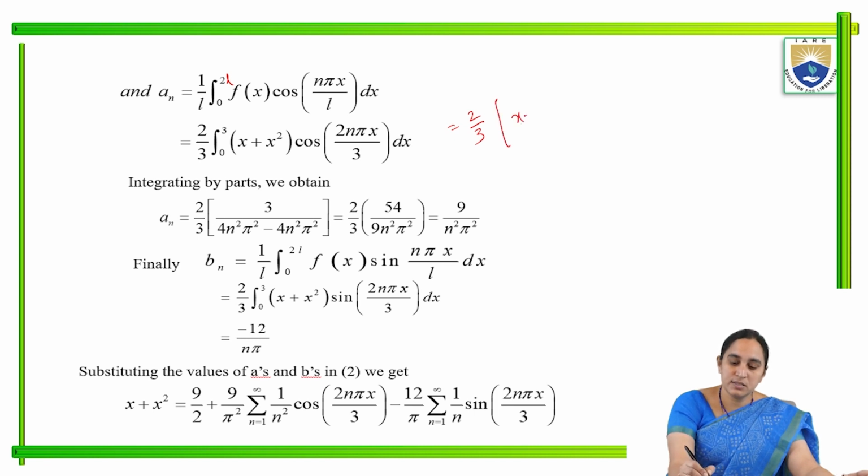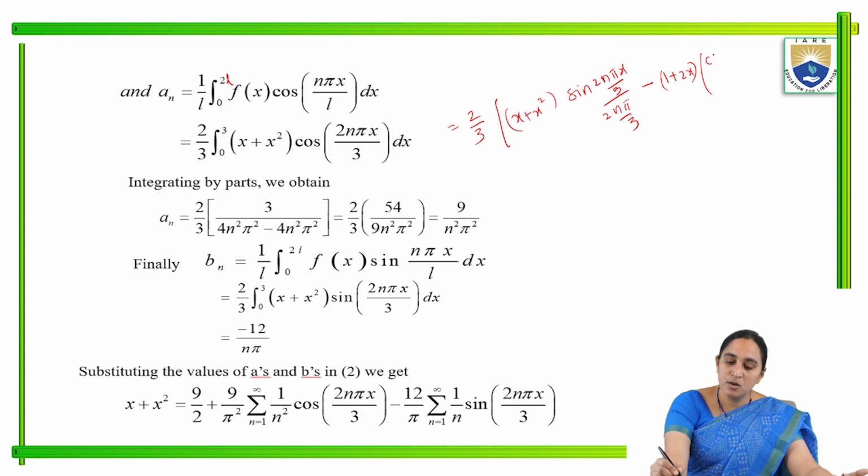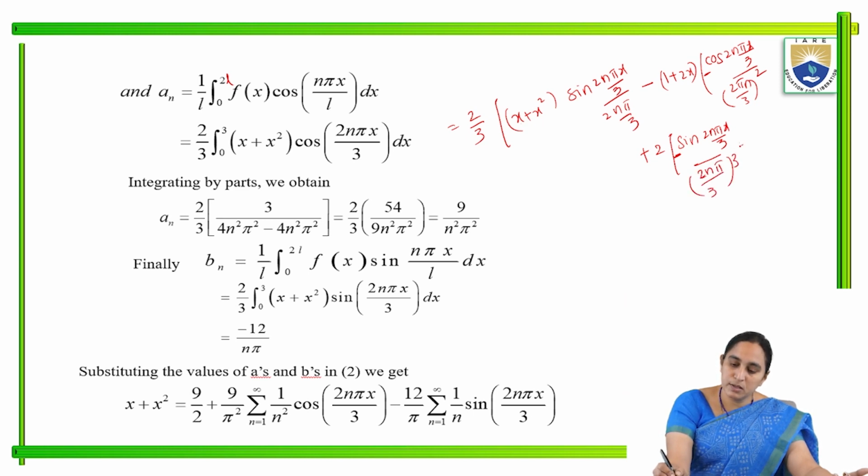Take x + x square as u. The integral of cos(2n pi x by 3) is sin(2n pi x by 3) by 2n pi by 3, minus the derivative of u, 1 + 2x, into the integral, cos(2n pi x by 3) by (2n pi by 3) whole square, plus the next derivative 2 into sin(2n pi x by 3) by (2n pi by 3) whole cube, and so on.